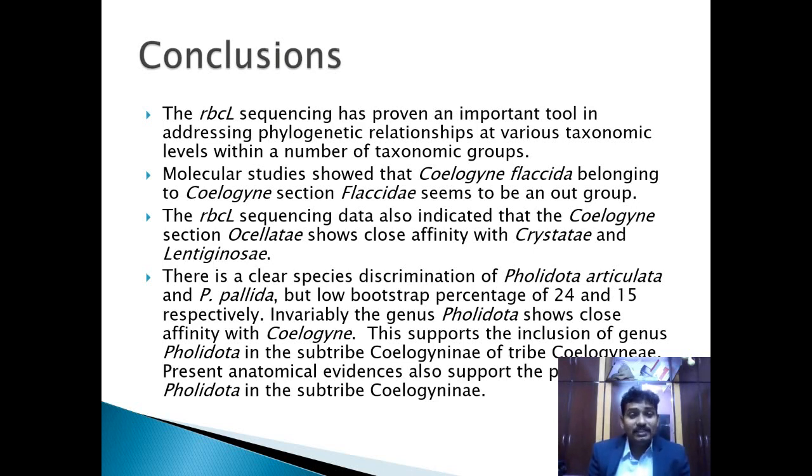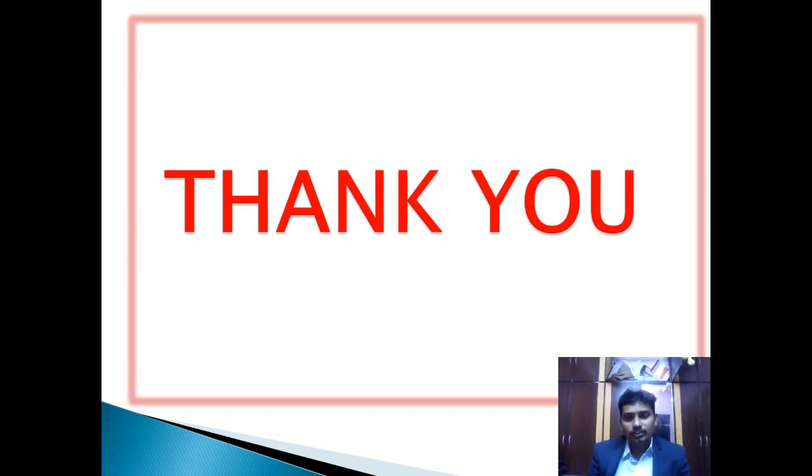The rbcL sequencing data also indicated that the section Ocellatae shows close affinity with Cristatae and Lentiginosae. There is a clear species discrimination of Pholidota articulata and Pholidota pallida, but with low bootstrap percentages of 24 and 15 respectively. The genus Pholidota shows close affinity with the coelogynes, which supports its inclusion in the subtribe Coelogyninae. These are all the evidences for the sectional delineations of the section Coelogyninae.